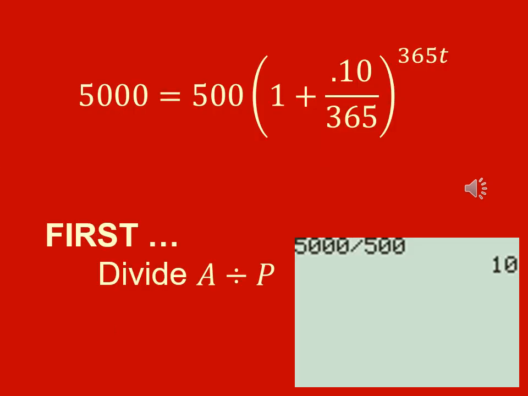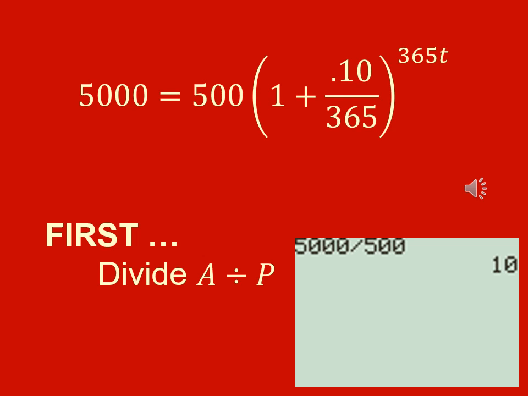Now, solving problems like this is not hard, but there's a couple of steps that you have to do pretty much every time. What we're basically going to do is get the parentheses by themselves, and I do that by first of all dividing A divided by P. Here I take 5,000 divided by 500.